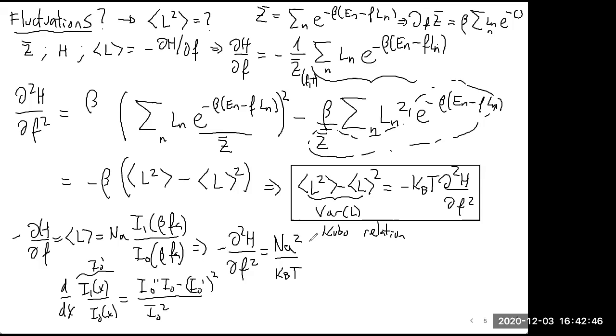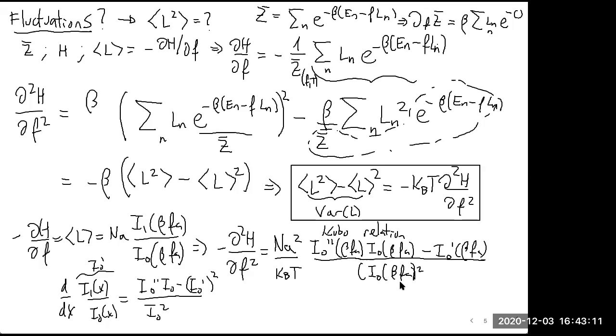So we get I0 prime prime beta Fa times I0 beta Fa minus I0 prime beta Fa, divided by I0 beta Fa squared. Okay, let me just do it like this so it's clear.